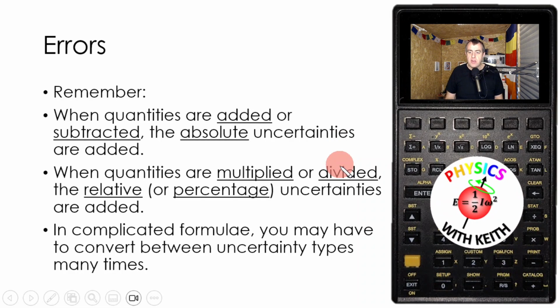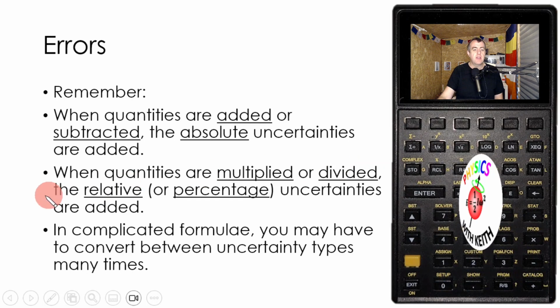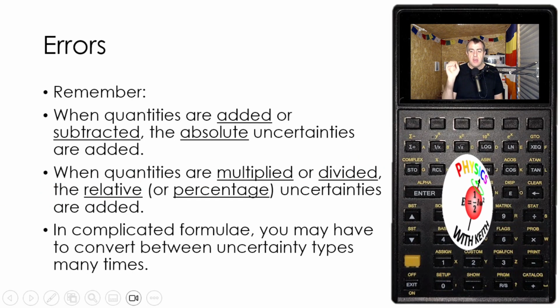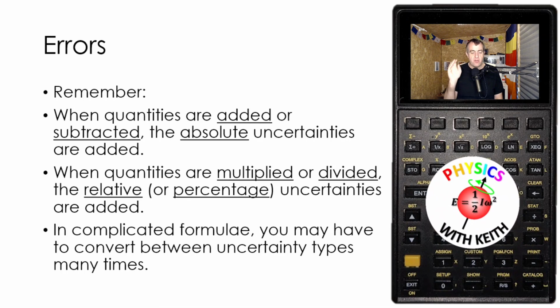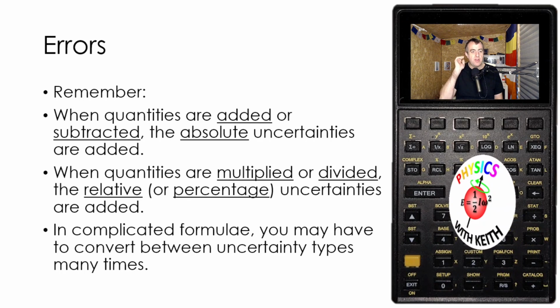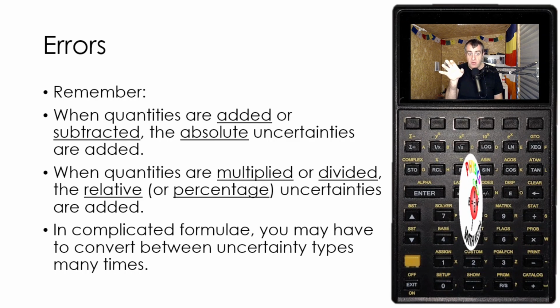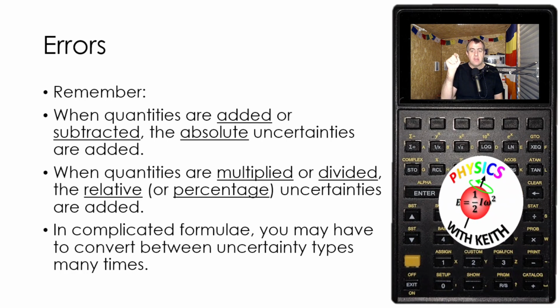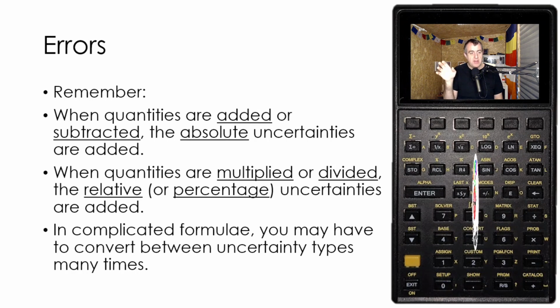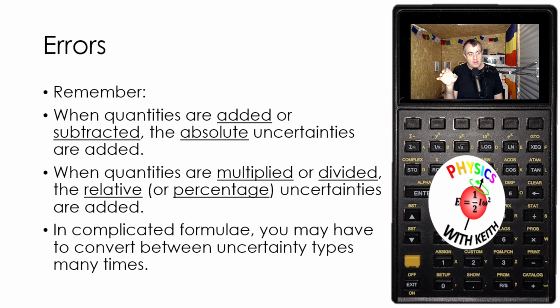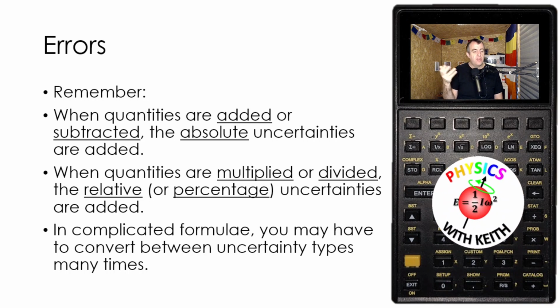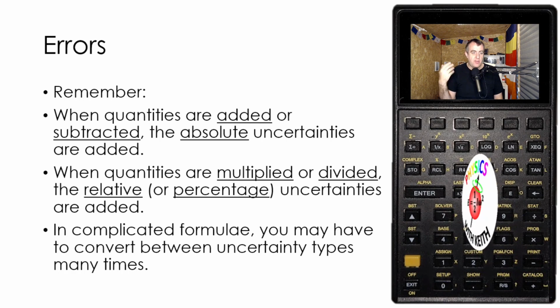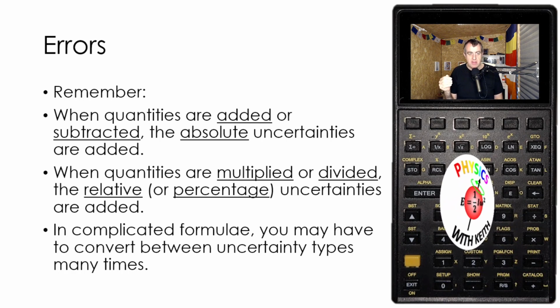Okay, so just some things to remember. Very important: adding or subtracting quantities, it's the absolute uncertainties we add. We never subtract them. Multiply or divide quantities, then we add the relative or percentage uncertainties. We never subtract them. If you're squaring a number, you're timesing it by itself, so you just add 2 lots of that relative uncertainty.